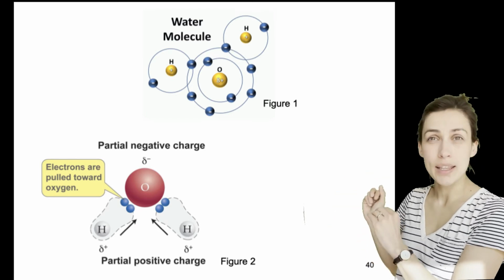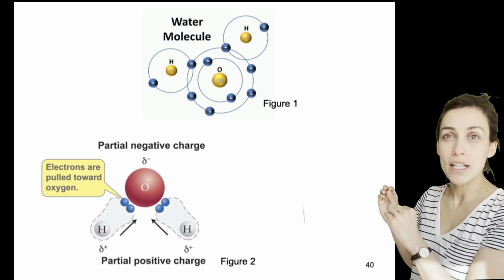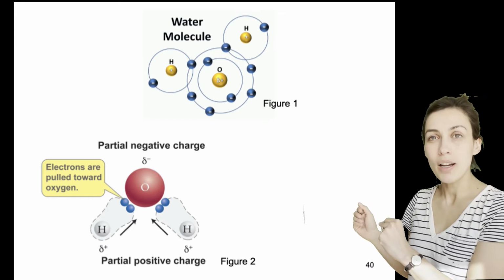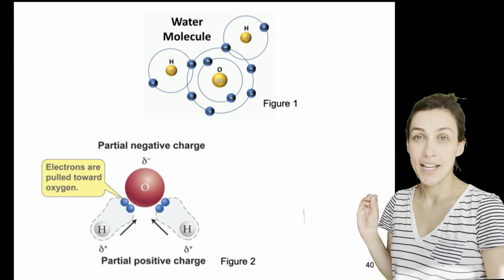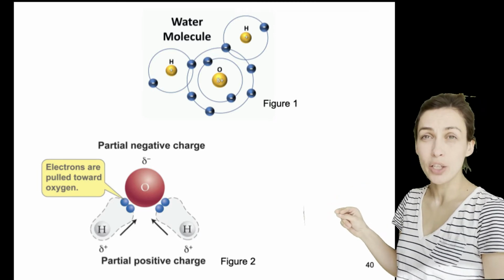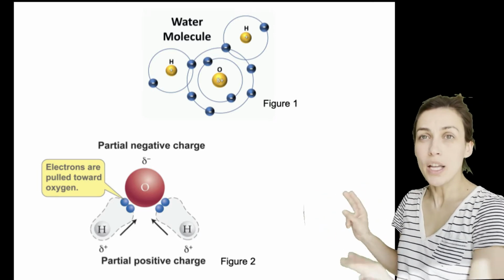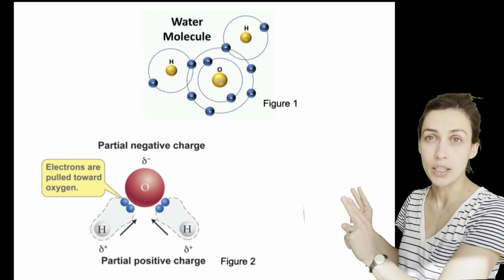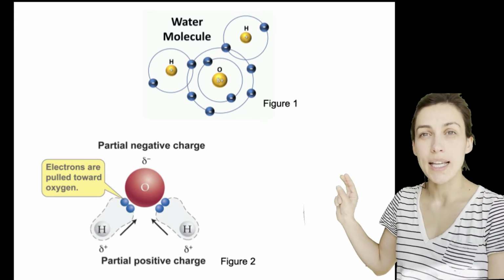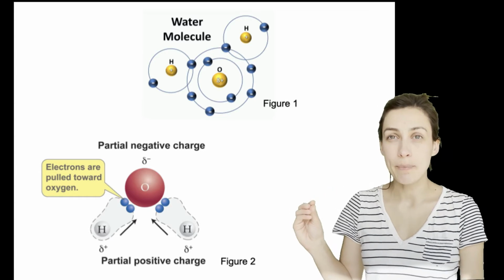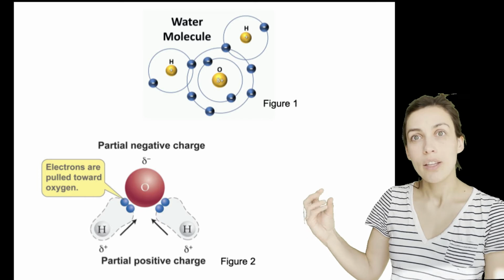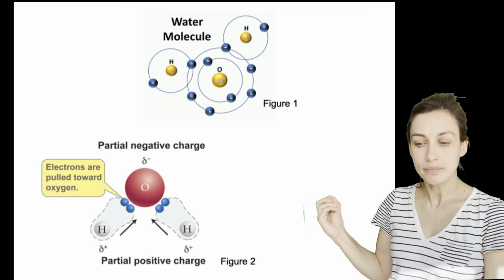However, the picture at the top, figure 1, is really simplified, and the lower figure is a little bit more informative. Instead of showing all of the electrons, figure 2 only shows the two pairs of shared electrons. And what it's trying to demonstrate is that the shared electrons are much closer to the oxygen than they are to the hydrogen.